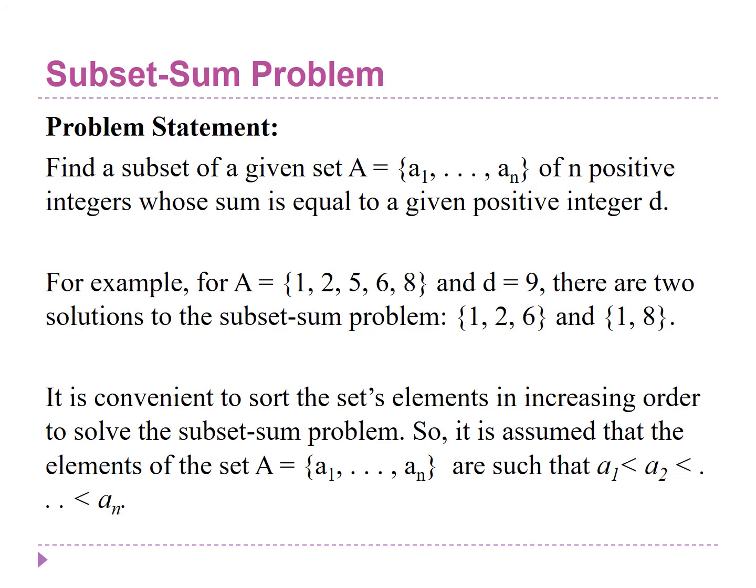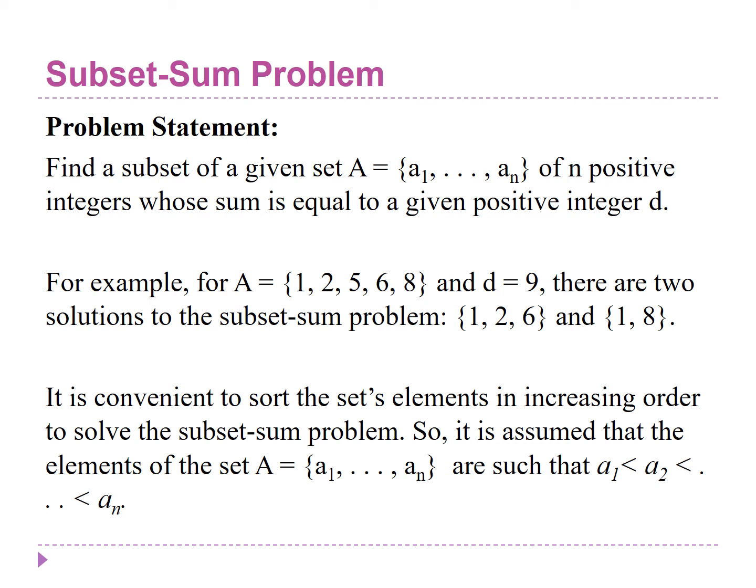The subset sum problem. The problem statement of the subset sum problem: find a subset of a given set A consisting of elements a1 to an of n positive integers whose sum is equal to a given positive integer represented by the variable d.